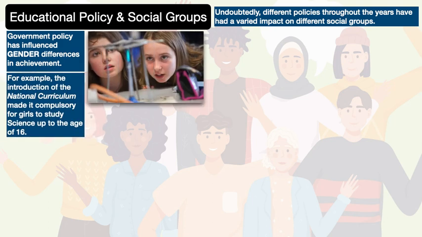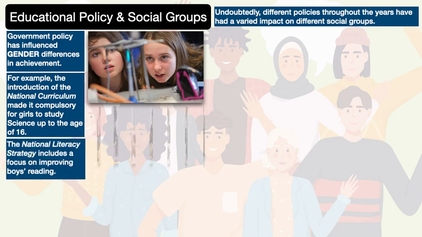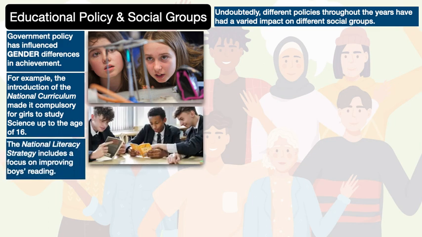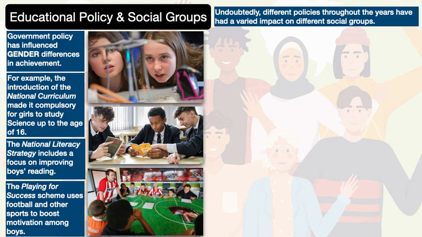For example, the introduction of the national curriculum made it compulsory for girls to study science up to the age of 16, whereas before they weren't able or committed to do that. The national literacy strategy includes a focus on improving boys' reading, where they've previously fallen behind. And there are various initiatives and projects, things like the Playing for Success scheme uses football and other sports to boost motivation amongst boys who, again, for many years have been falling behind girls' educational achievements.